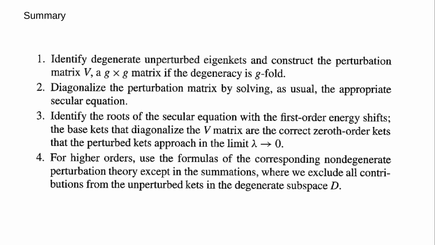Okay. So, that is all, and here is the summary which I took from Sakurai, of how to do it for a general problem. The steps are the following, as we discussed several times.